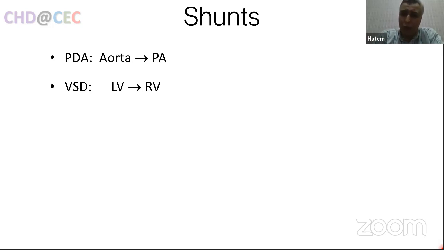One important thing to note here is, do you think the flow in the PDA was systolic, diastolic, or both? Let's take a normal adult. An example would be that aortic pressure in a normal adult would be something like 120 over 80, so systolic 120, diastolic 80.